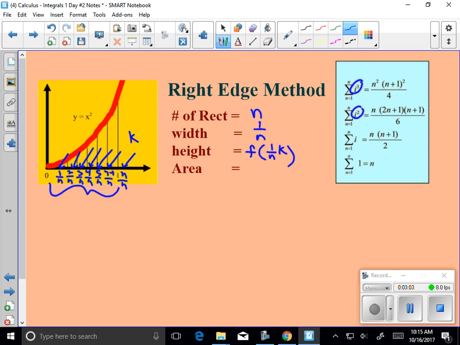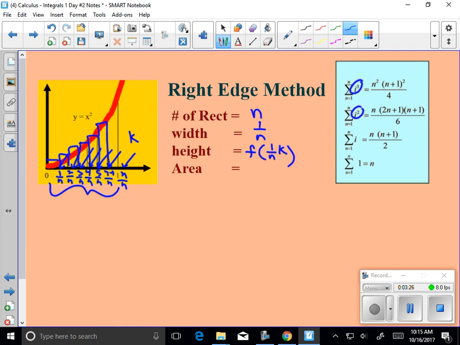So we'd have f of 1 over n, which would give us this first height right here, and then f of 2 over n, which would give us that height, and f of 3 over n, f of 4 over n, f of 5 over n, etc., as we go on down the line. And we're going to add all those rectangles up, but before we do that, we have to take n to infinity.